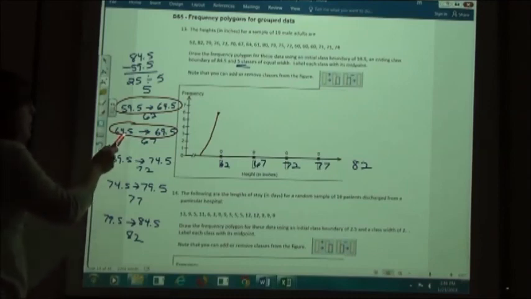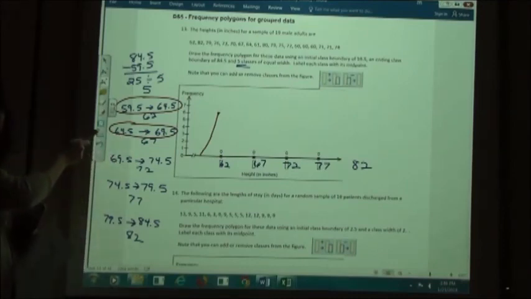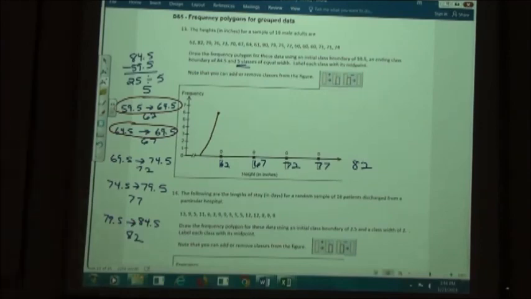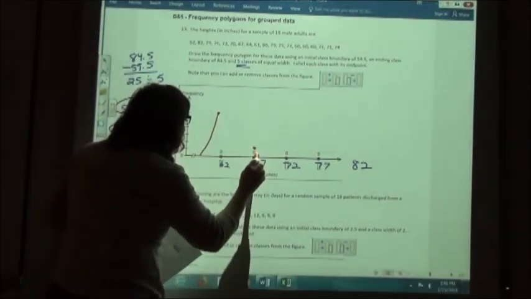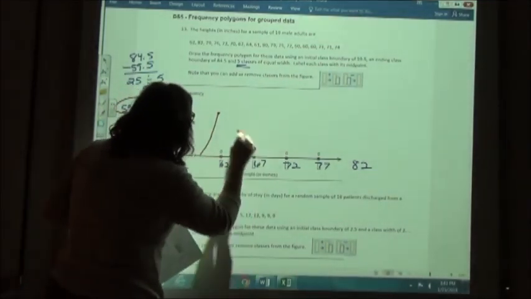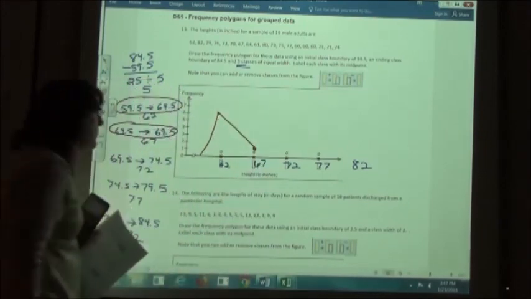Well, you're not going to count 64 because it's 64.5 or higher. So you're actually going to go from 65 to 69. One. There's only one. So then you're going to put a mark at 1, and the line's just going to connect there.